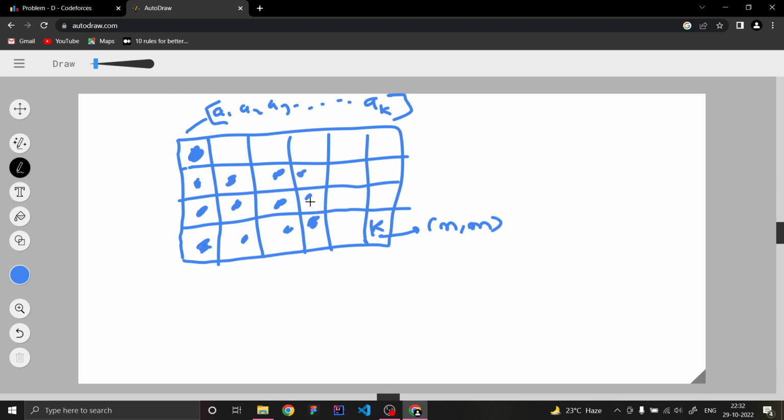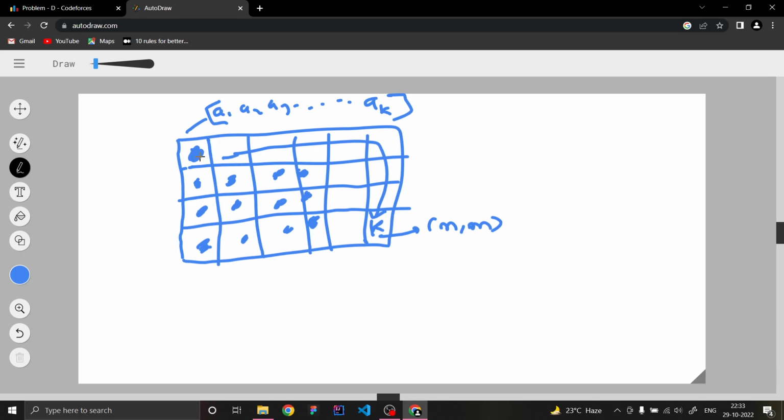After taking out these cards, we can move the card k. Let's say we have removed some cards, and after removing we have found the card k. Then we will take this card and move it like this and put card k in cell (n, m).